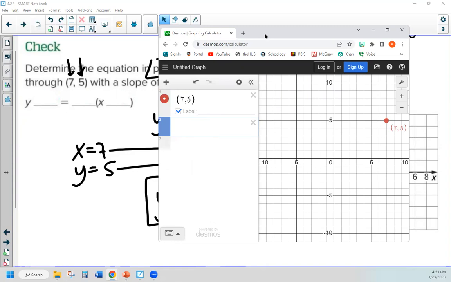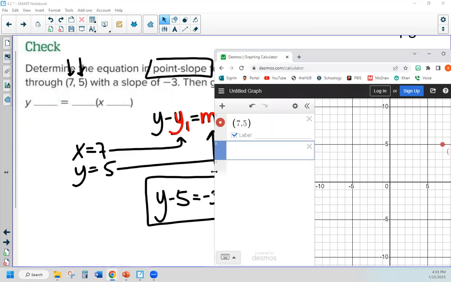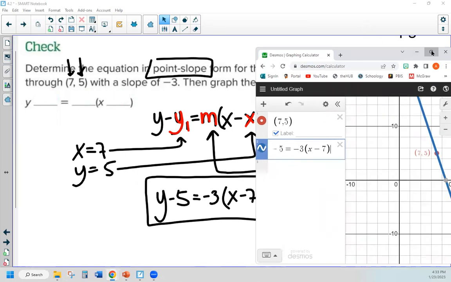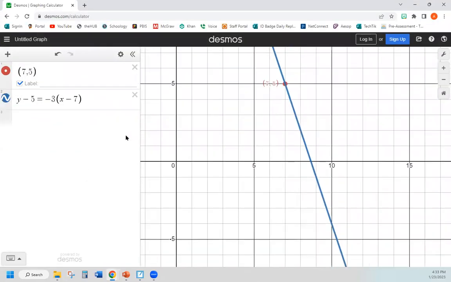And then enter the equation that we created. All right, so we got y minus 5 equals -3 parentheses x minus 7. Okay, what do we got? Look at it. You see, we did create the equation of the line that goes through that point. So we did exactly what we needed to do.